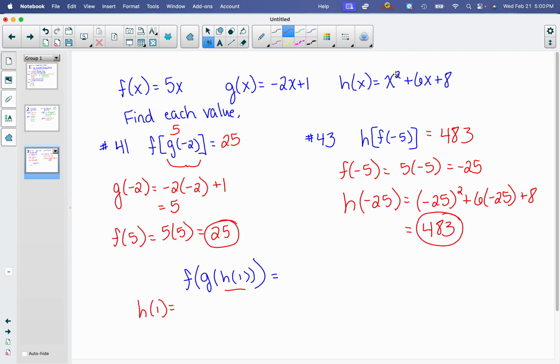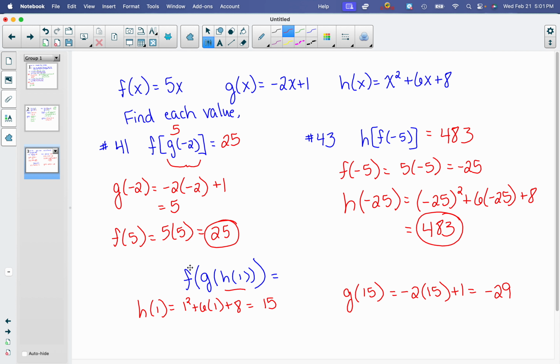So if I do h of 1, I get 1 squared plus 6 times 1 plus 8, which is 15. And then I'd take that answer and plug it inside of g. So I would do g of 15, -2 times 15 plus 1. So -30 plus 1 is -29.